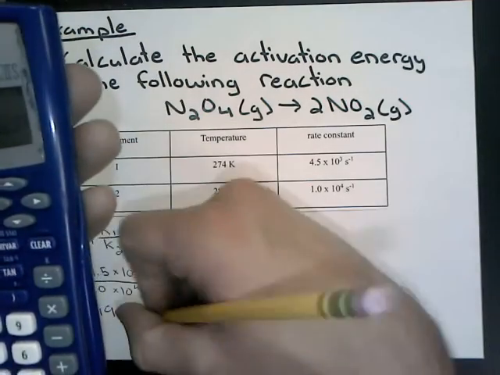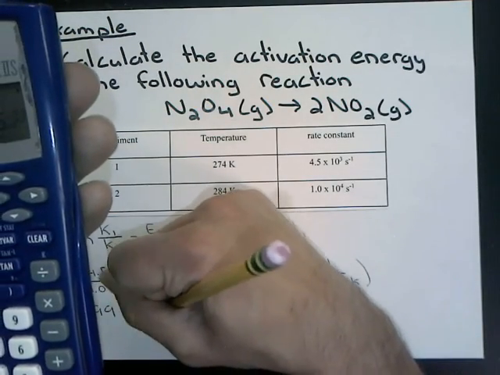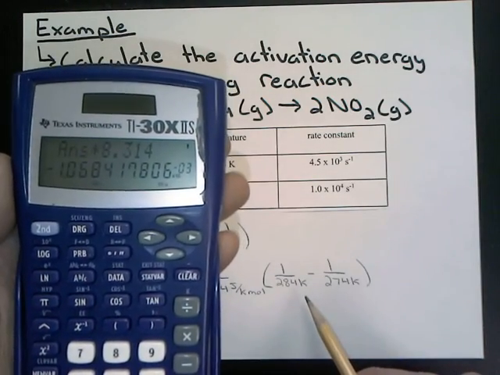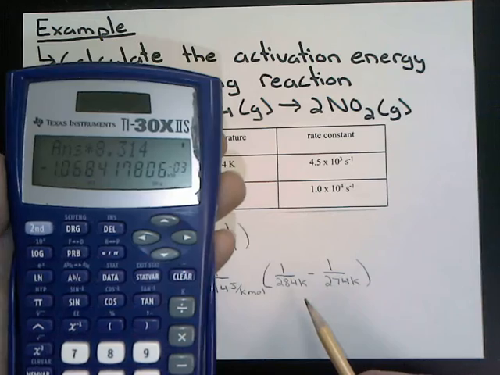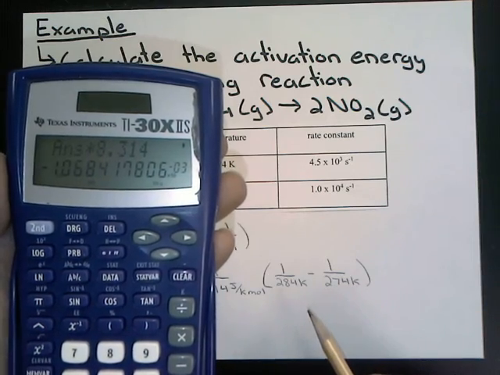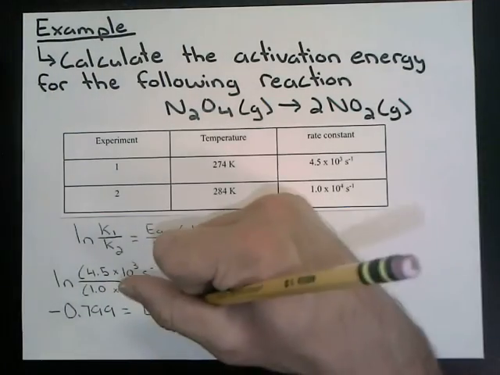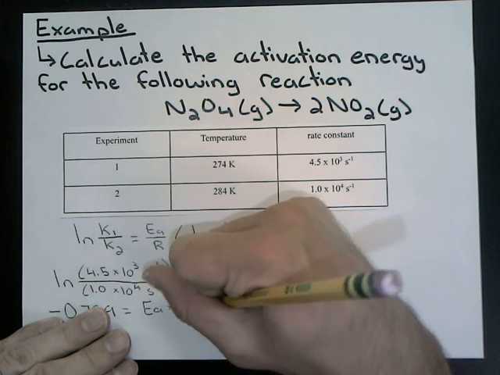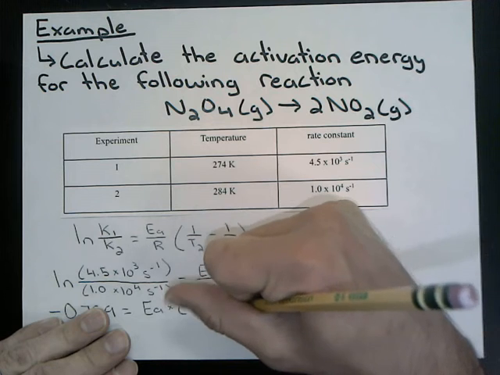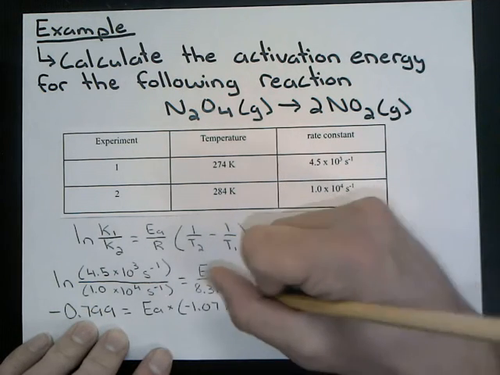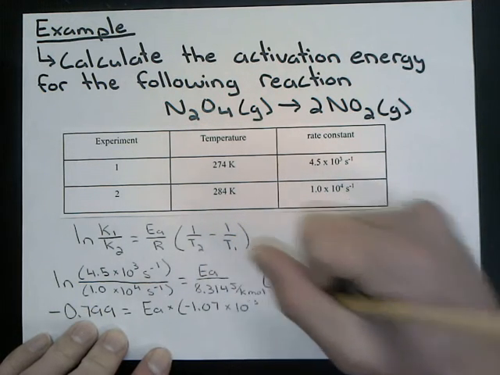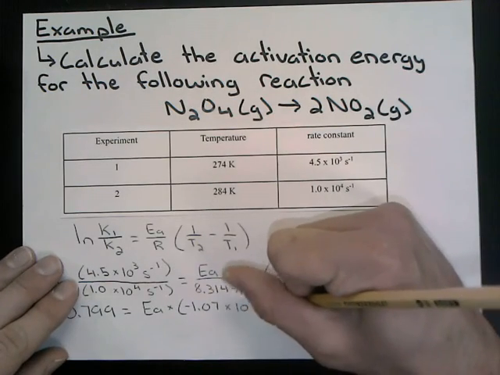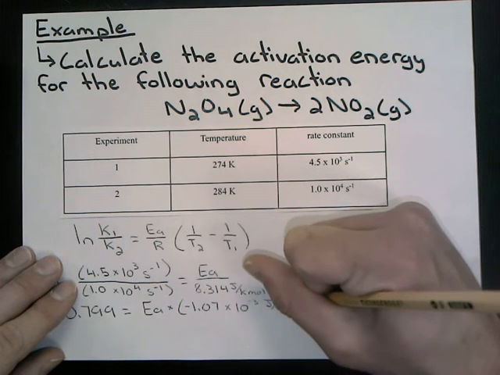I get activation energy times negative 1.07 times 10 to the negative third. And the unit, because we use temperature here, is going to become joules per mole.